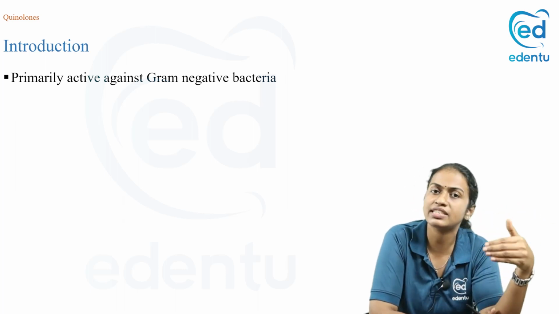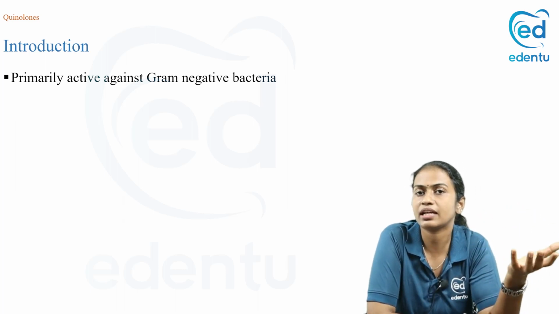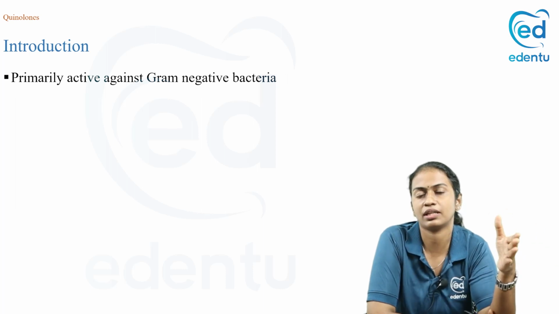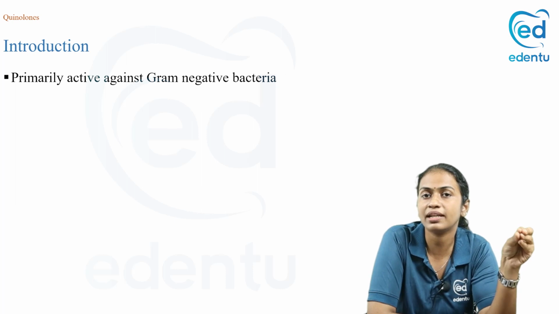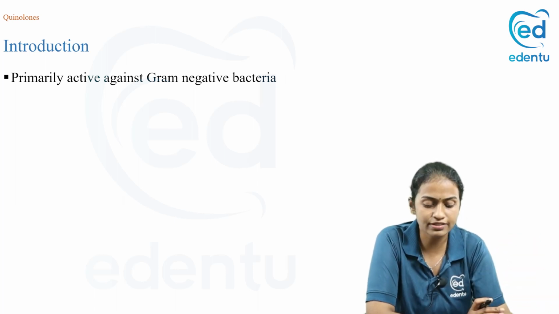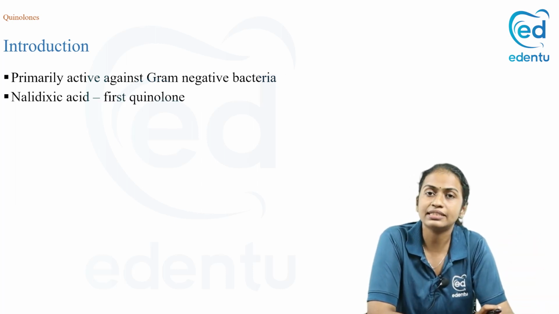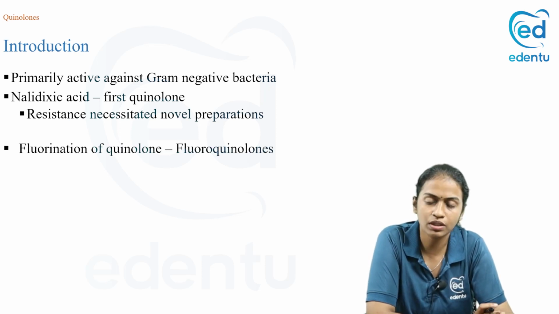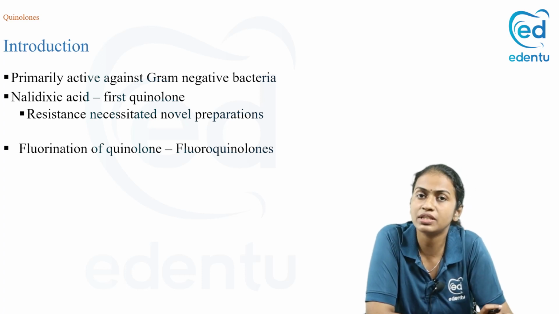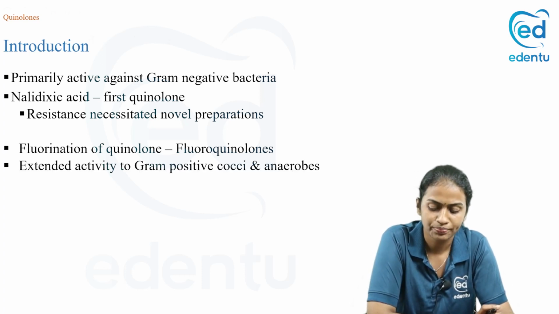Gram-positive. And then you have extended spectrum penicillins, which are active against both gram-positive and gram-negative. Similarly, quinolones and fluoroquinolones are primarily active against gram-negative organisms. Nalidixic acid was the first quinolone. Because of its resistance, we have newer quinolones, that is, the fluorinated quinolones, which are otherwise known as fluoroquinolones.